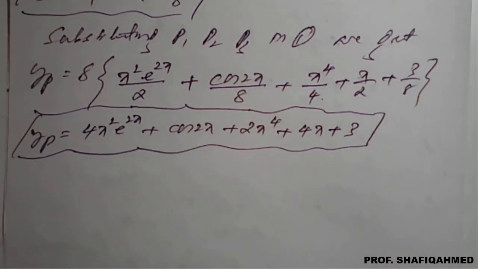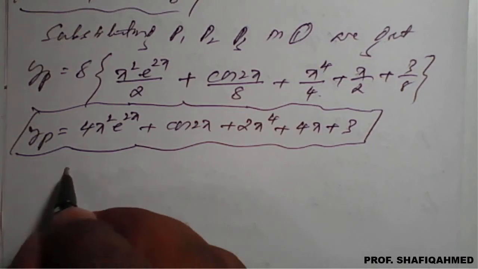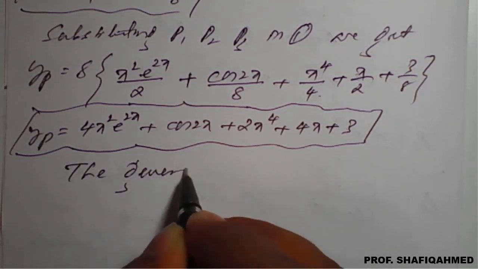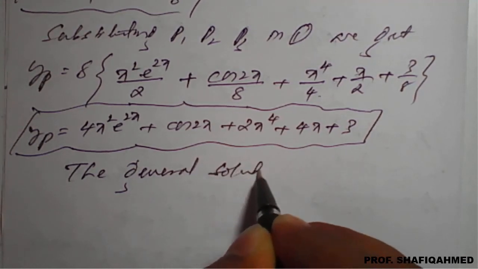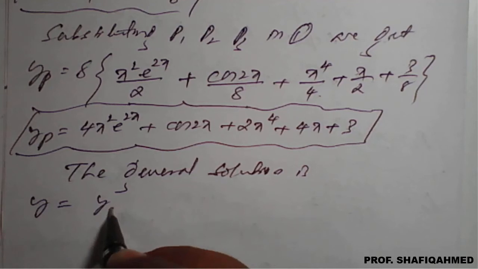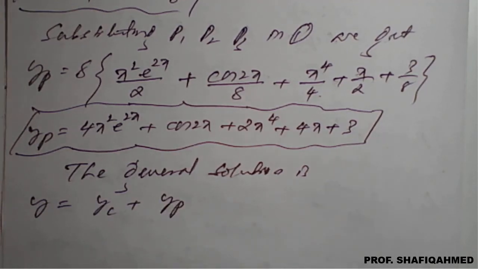So with the help of this yp, we'll go for the general solution. The general solution is y is equal to yc plus yp.